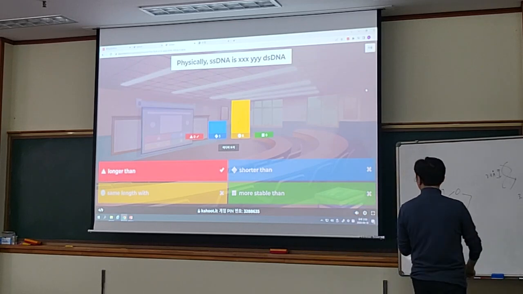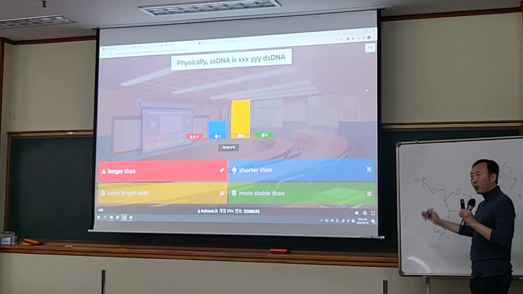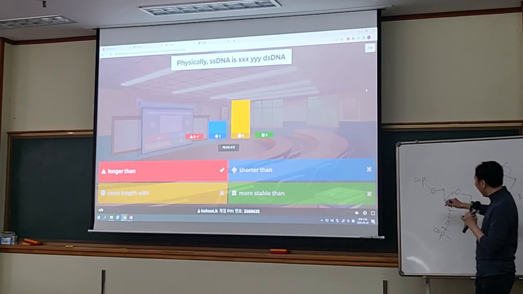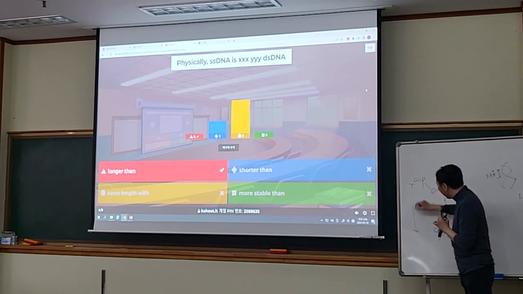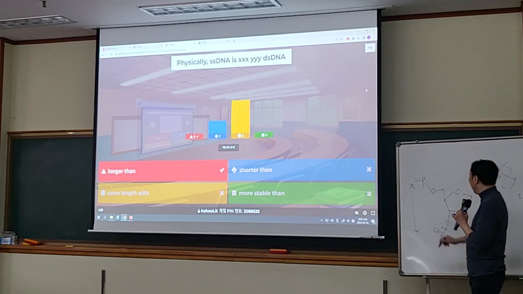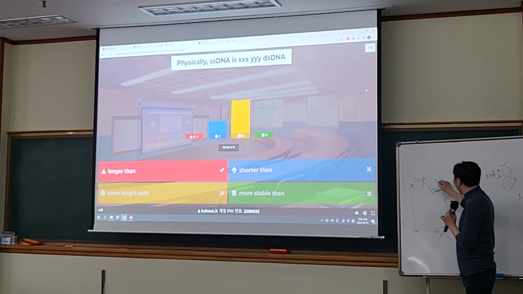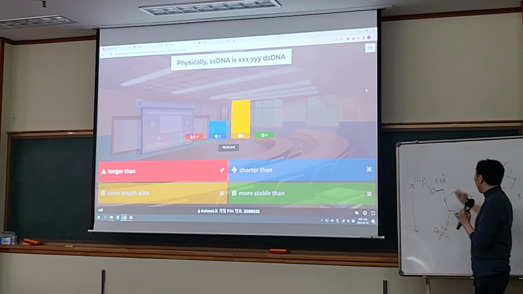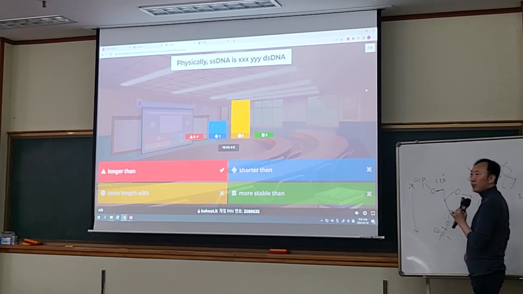But if it is a single strand, an open, relaxed form, then what is the length from here to here? If it's a fully random structure, one bond length is approximately 1.5 angstrom. But if it is a zigzag structure, let's assume, then one length here is about 1 angstrom.